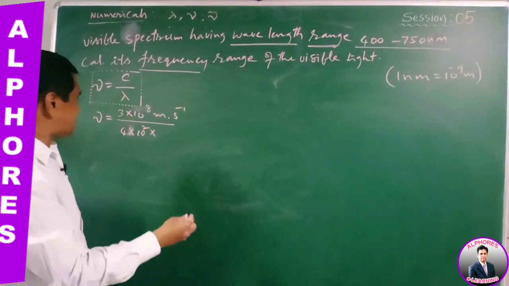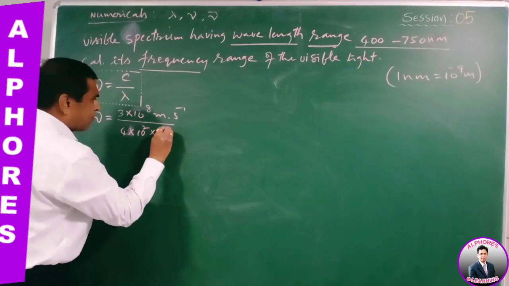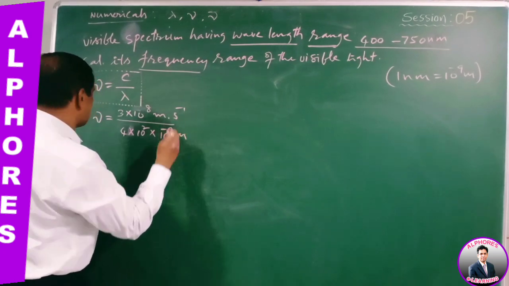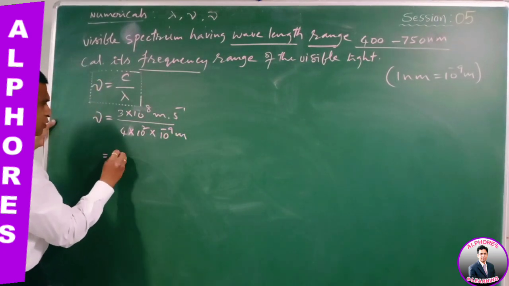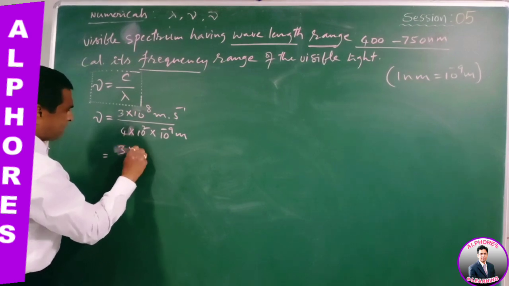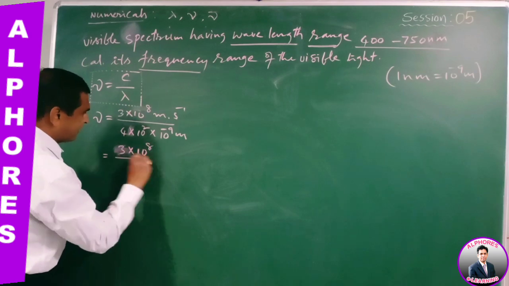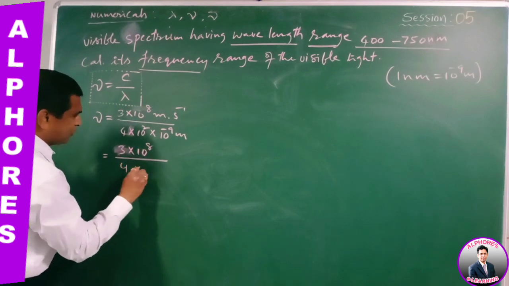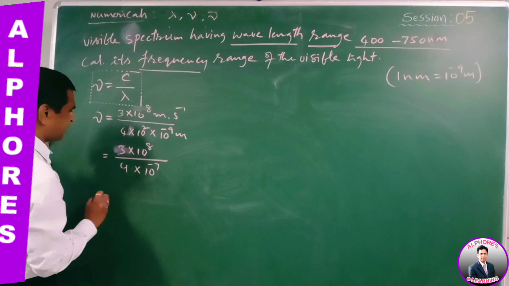So 3 into 10 to the power 8 divided by 4 into 10 to the power minus 7.